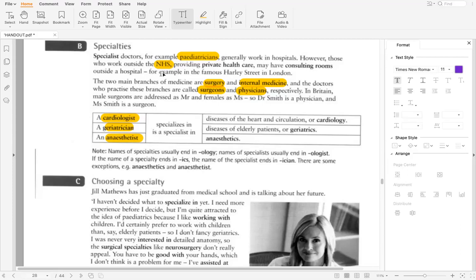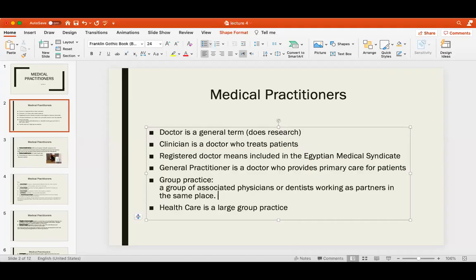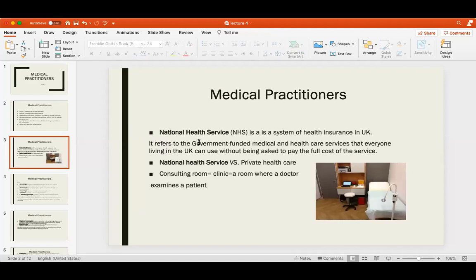All right? What is the meaning of this part? Those who work outside the NHS. What is the NHS? It's the National Health Service in Britain. National Health Service, NHS, is a system of health insurance in the UK.